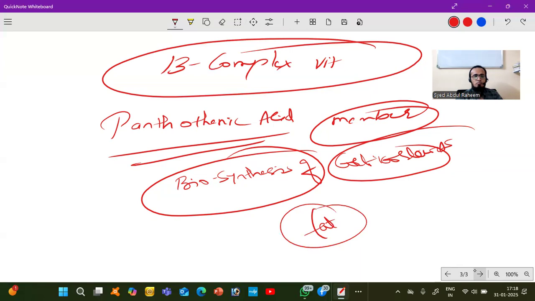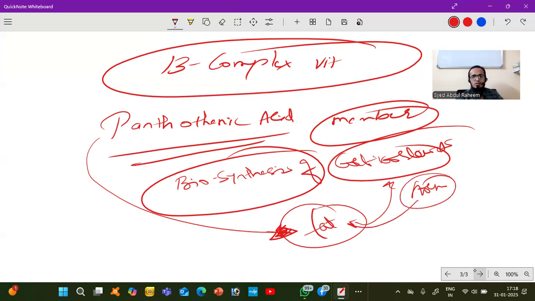So we need pantothenic acid to convert and utilize this fat as a hormone or steroid. Steroid is a hormone. Hormone is made up of fat. So this vitamin is doing a function to convert those hormones. In the presence of pantothenic acid only, this function happens.